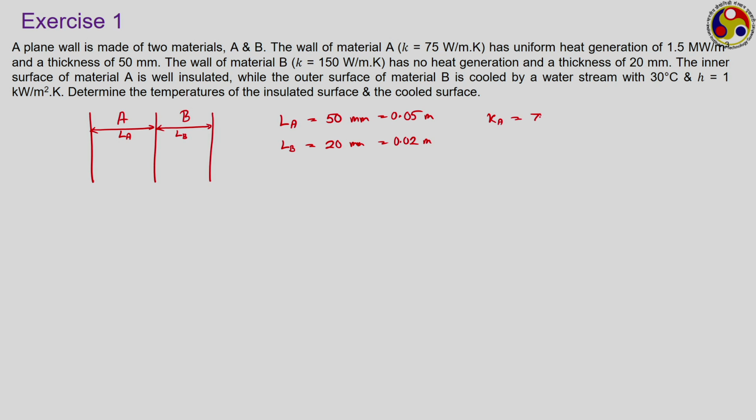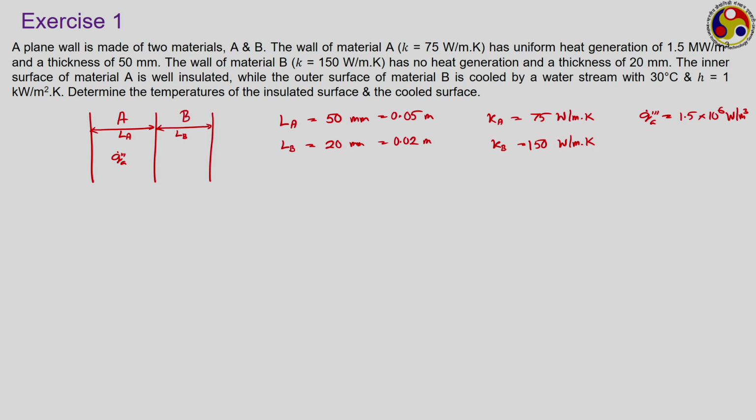K_A is equal to 75 watt per meter Kelvin, K_B is double of the previous one, 150 watt per meter Kelvin. The wall A has energy generation, so q0 triple prime for A is given as 1.5 megawatt, that is 1.5 into 10 to the power 6 watt per meter cube. No heat generation in the second one, that is layer B.